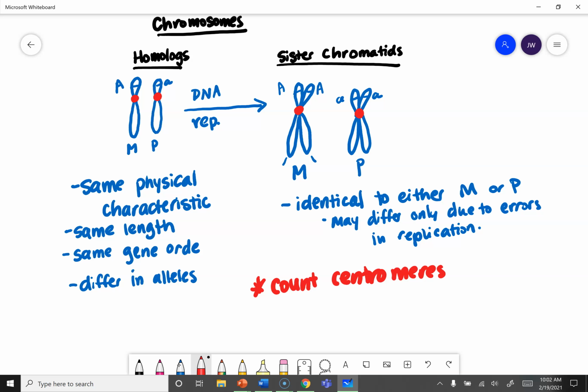On this side, we have 2 chromosomes. On this side, we have 2 chromosomes, but we have 4 chromatids. So you have to make sure that you have this vocabulary straight in your mind. We have 2 chromosomes or 4 chromatids.